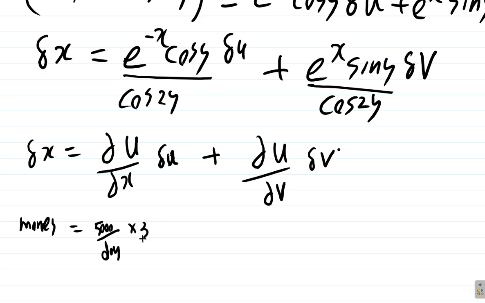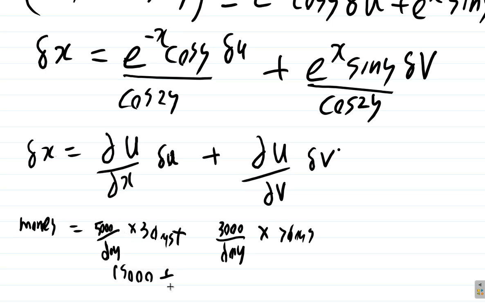So you work for 3 days, plus you get another contract. You're paid $3,000 per day times, and you work for 7 days. Something like that. This would be $15,000 plus 21,000. So this would give you what?